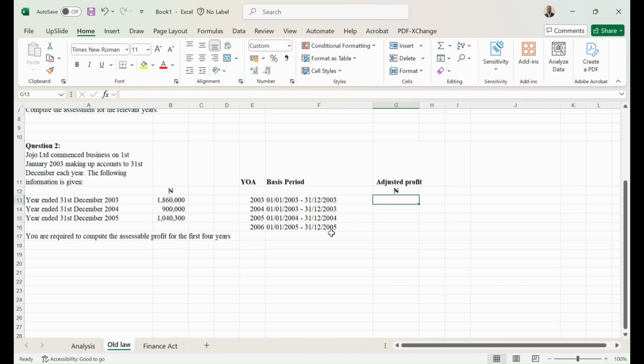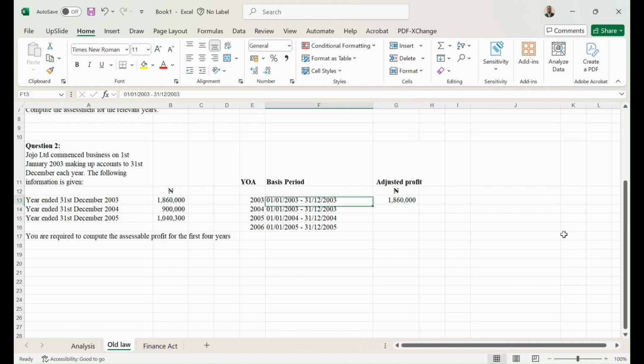Okay, so the adjusted profit in this case will be as follows. The period year ended 31st December 2003 means that it must have started from 1st of January, a 12-month period. This is the first financial year, which means the company started 1st of January 2003. Since this date is exactly the same as this date, I'm going to have 1,860,000.